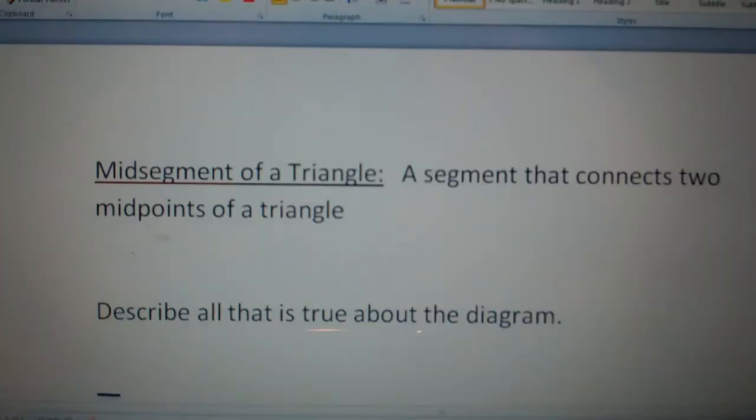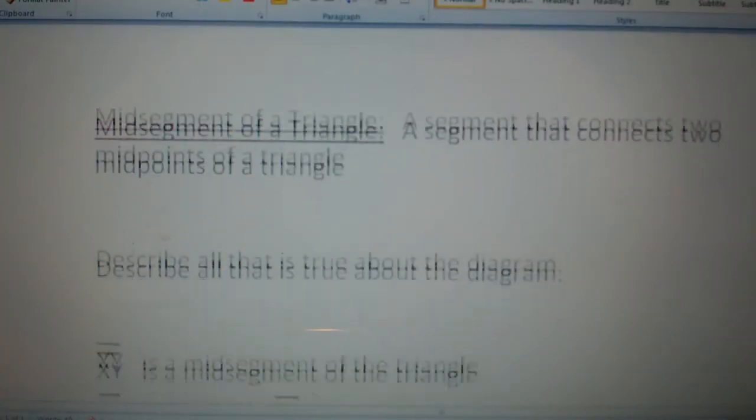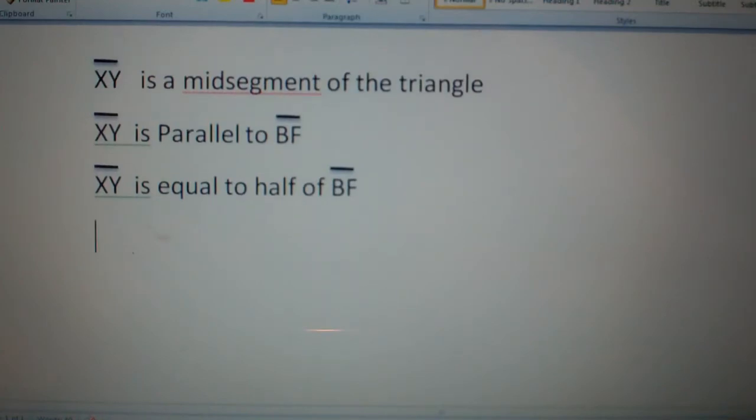So how would we write this all out? We can say this. Segment XY is a mid-segment of the triangle because it connects two midpoints of the triangle. XY is parallel to BF, and XY is equal to half of BF. Okay?